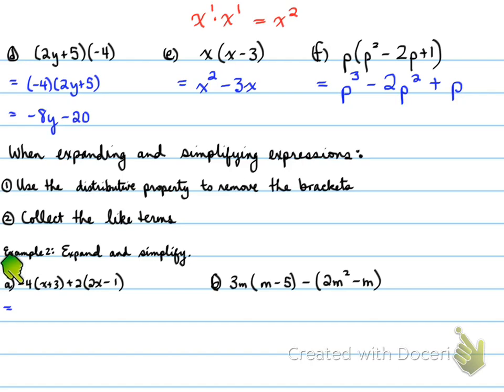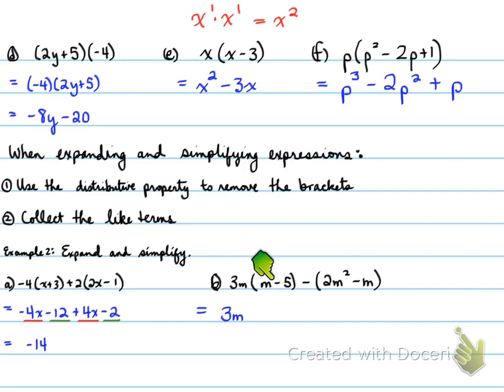So with this case, what we have is negative 4 times x and negative 4 times positive 3, which gives us negative 4x minus 12. Then we have the plus 2 times 2x, which is plus 4x, and plus 2 times negative 1, which is minus 2. Collecting like terms, negative 4x plus 4x gives us 0, and negative 12 minus 2 gives us negative 14.